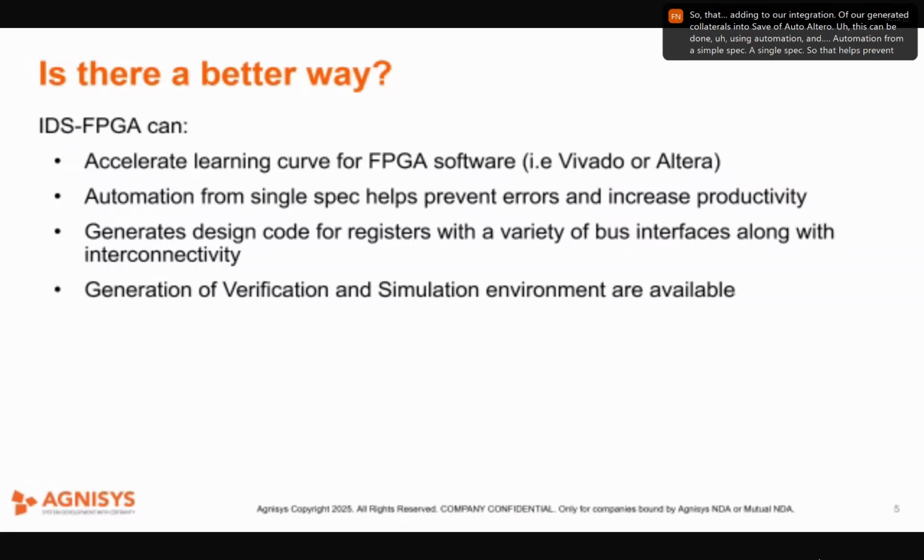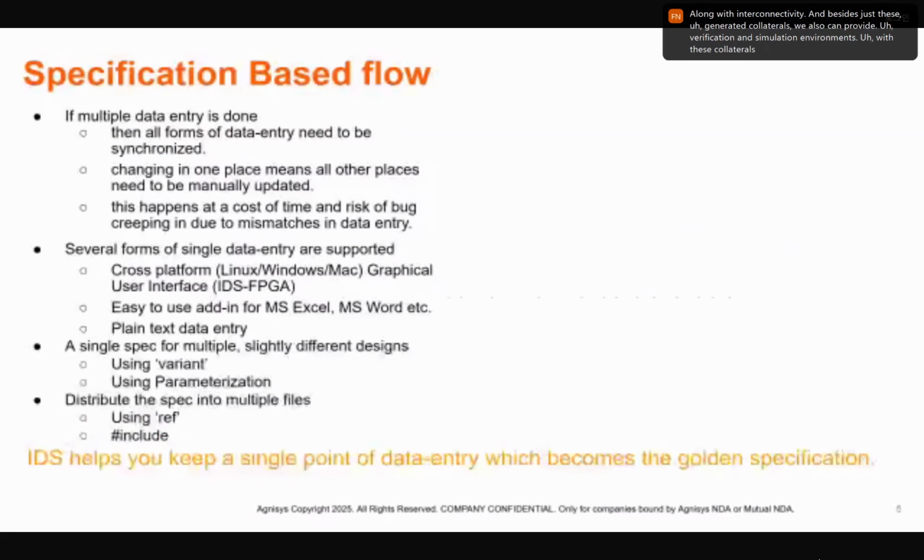That helps prevent errors and increase productivity, because if you have one central spec, then all the generated collaterals are going to be the same for, say, your DV team and your firmware team, because it's all being generated from a central spec. IDS-Fpga is going to generate the design code for the registers with a variety of different bus interfaces, along with interconnectivity. And besides just these generated collaterals, we can also provide verification and simulation environments with these collaterals.